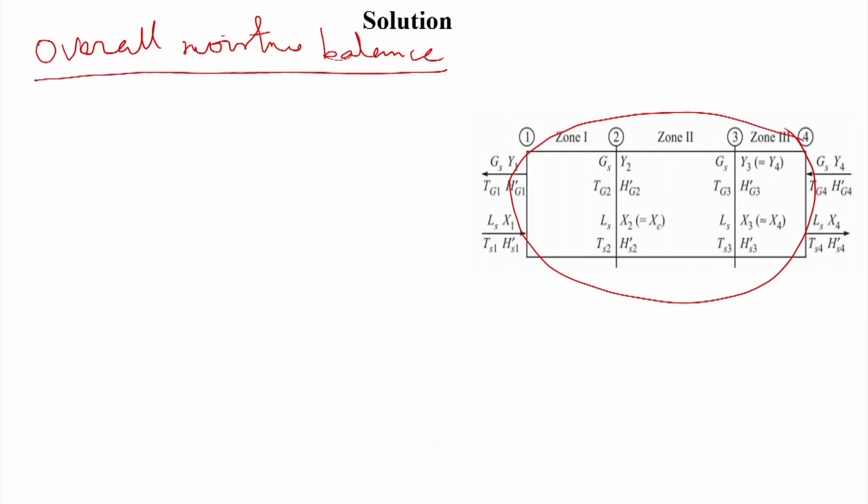S s into X 1 minus X 4, where S s and L s are the same, is equal to G s into Y 1 minus Y 4.